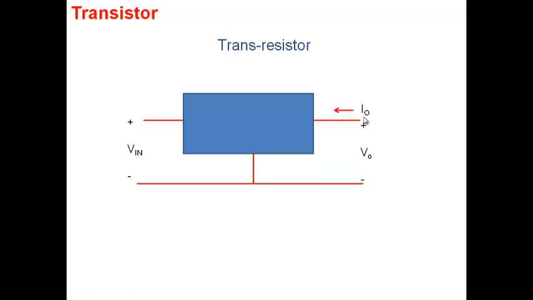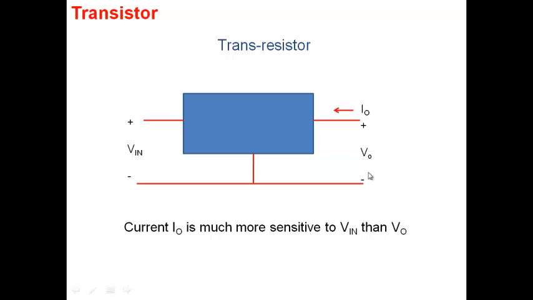So the specific characteristic of a transistor that we are looking for is an element in which the output current is very sensitive to the input voltage and insensitive to V0. A output current which is very sensitive to the input voltage and not that sensitive to V0.